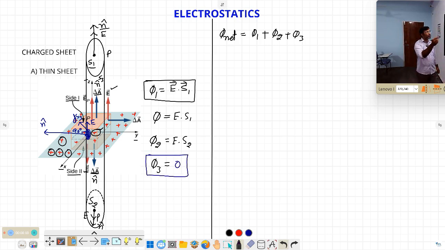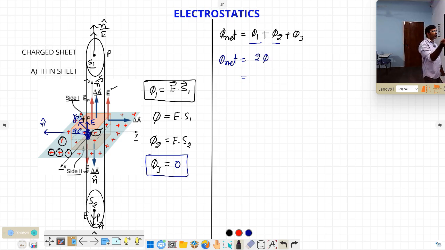So what can I write for the total flux? The net flux is nothing but the flux due to the first region and second region. Both areas are the same here, so we can write it directly as 2 phi.